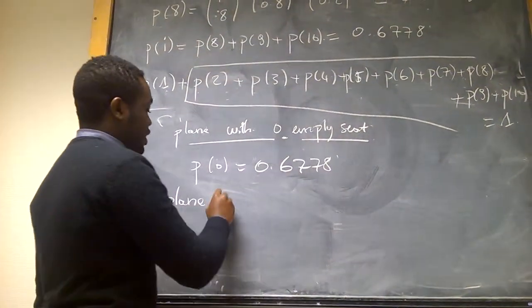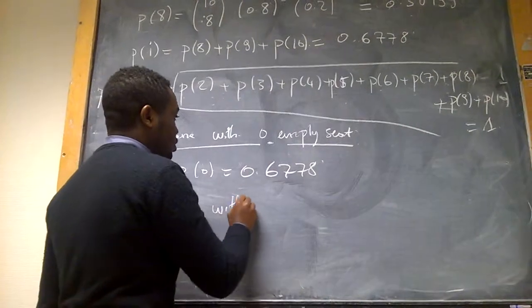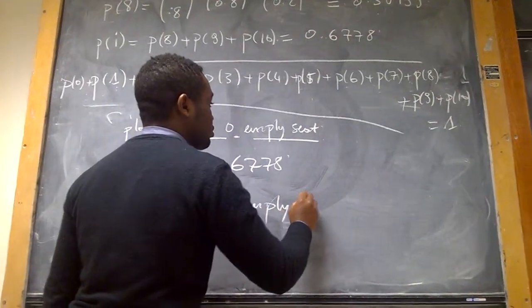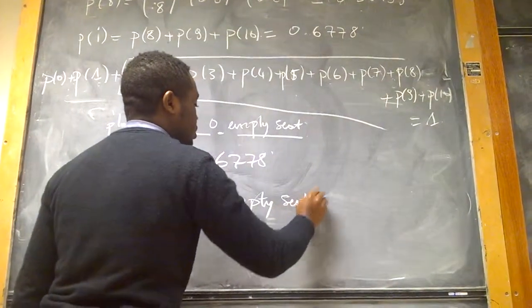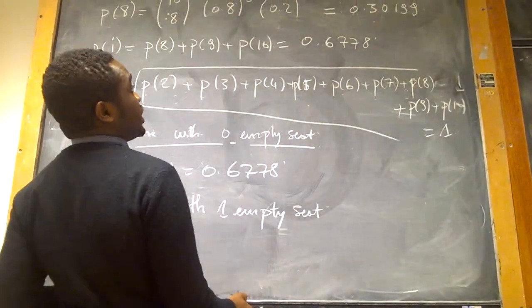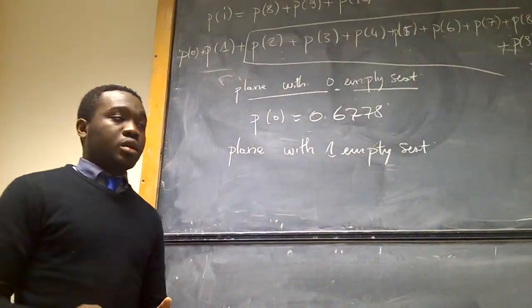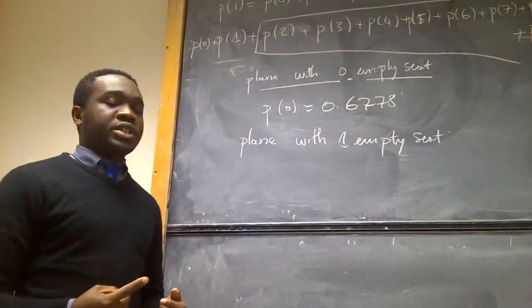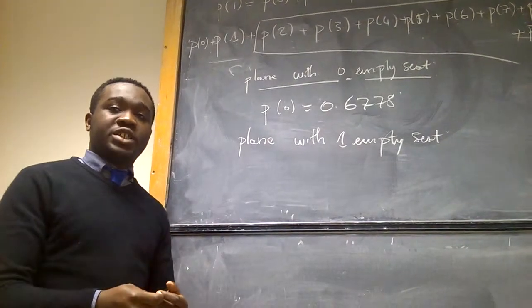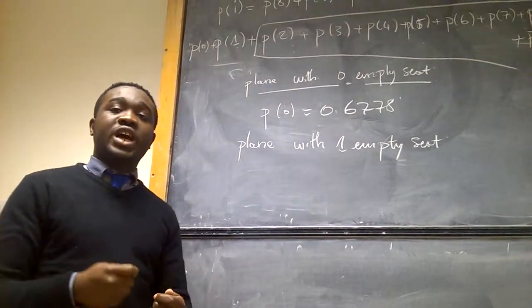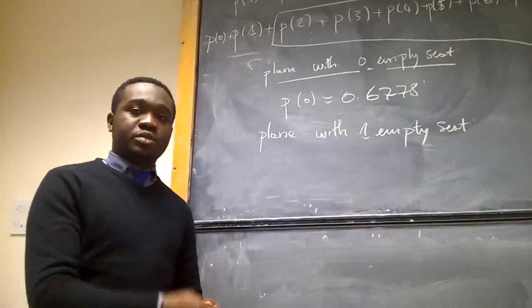So the plane with one empty seat. Remember that we've got 10 bookings, and if the plane takes off with one empty seat, that means that only 7 passengers arrive. It is not 7 out of 8, but it is 7 out of 10 passengers who had booked.